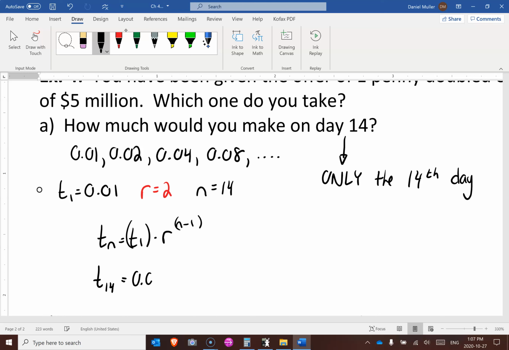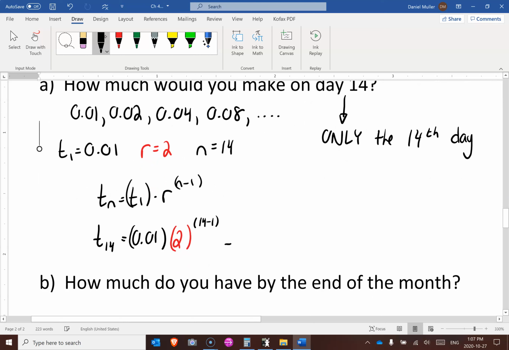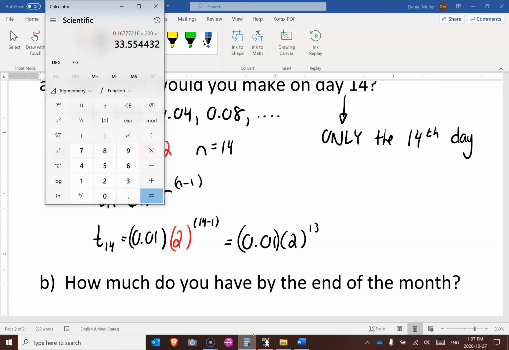So 0.01 times 2 to the power of n minus 1, so 14 minus 1, which is obviously just going to be 13, so 0.01 times 2 to the power of 13. So I have to go 2 to the 13 first and then times that by 0.01.